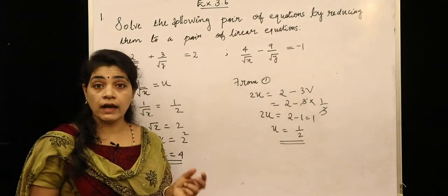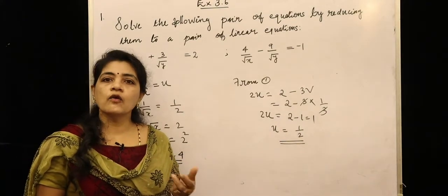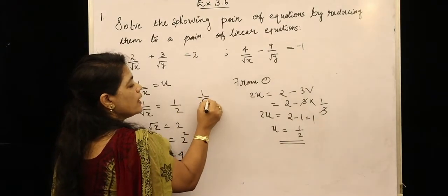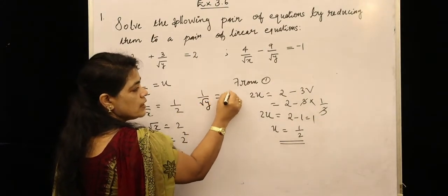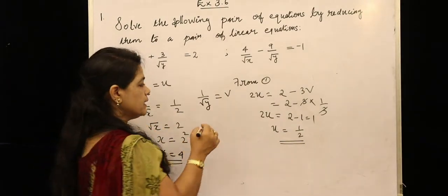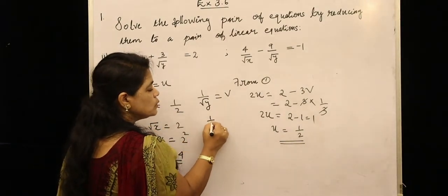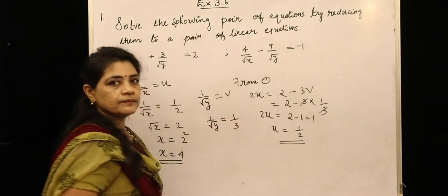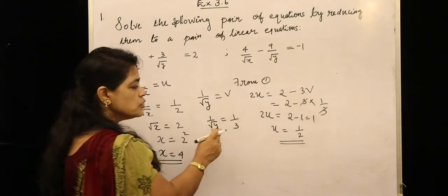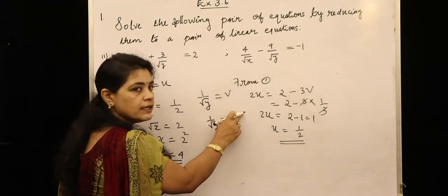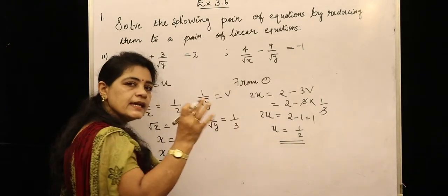Next we need the value of y. For that, how did we substitute? We substituted 1 by root y as v. And what is the value of v? It is 1 by 3. That is 1 by root y is equal to 1 by 3. As usual, you can take this root y to the RHS by cross multiplication or by taking the reciprocal.